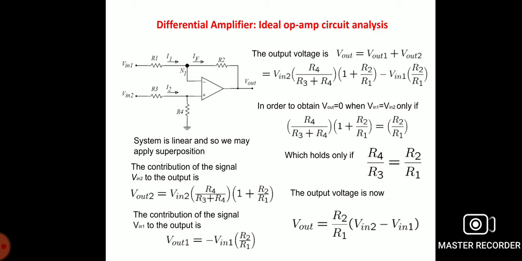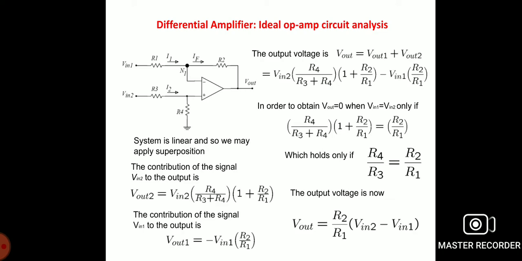The contribution of the signal input voltage 1 to the output is nothing but the negative of input voltage 1 into R2 divided by R1. So we can find the output voltage: V out is equal to output voltage 1 plus output voltage 2.